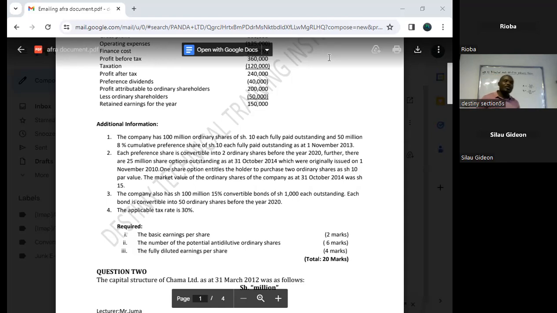So if you want to know the one which is anti, just check the potential in this question. I've seen there are two. There is convertible bonds, and also there is options. So of those two, you analyze which one is likely to increase EPS. So the one increasing EPS is anti-dilutive.